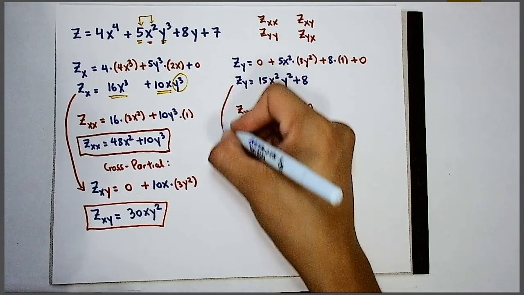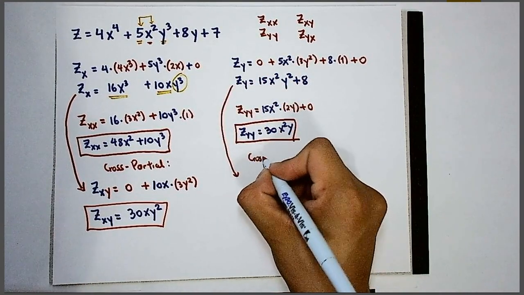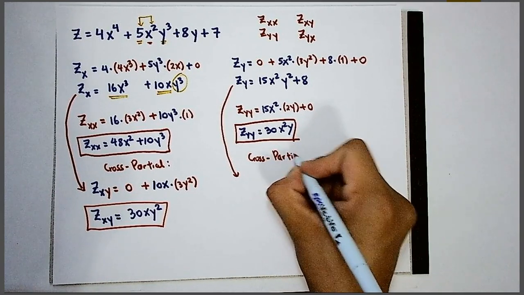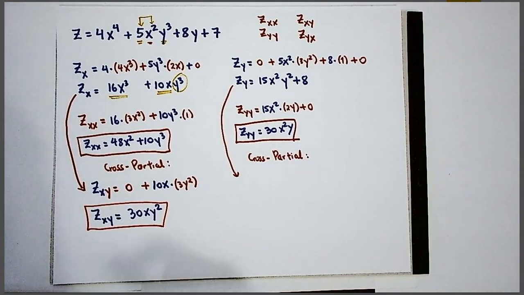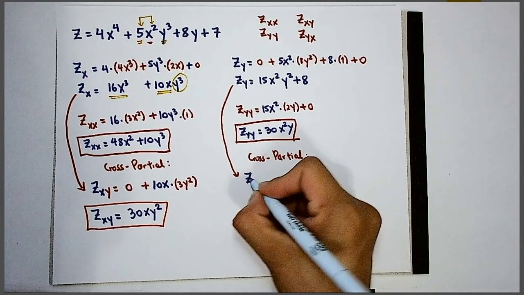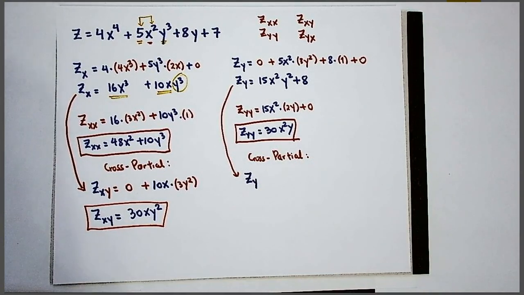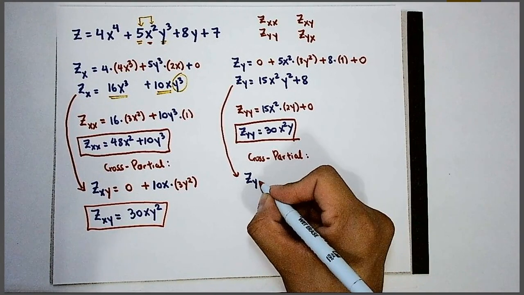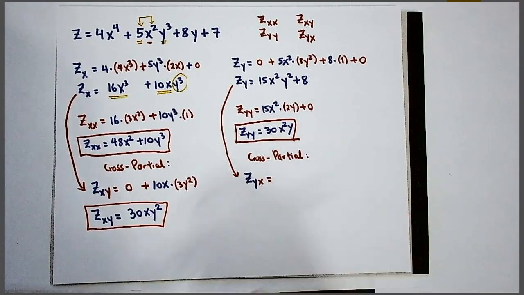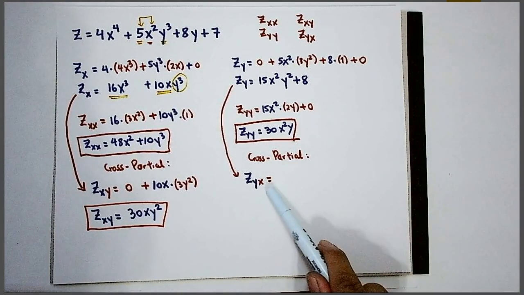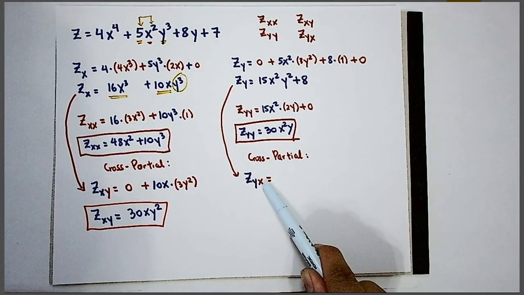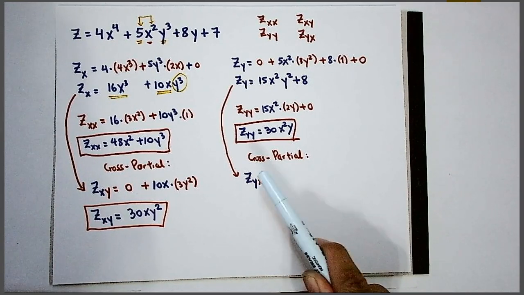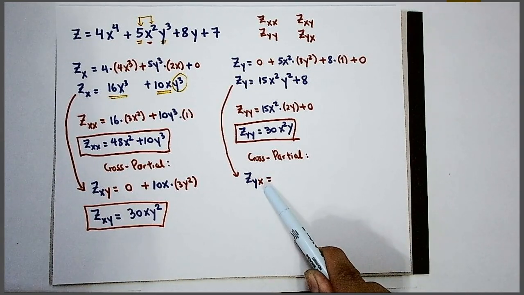Let's do the same here. Let's find the cross partial derivative. Because we already took the derivative with respect to y, in order to find the cross partial, we need to take the derivative now with respect to x. Again, notice here that in order to take the derivative with respect to x, y will be constant.